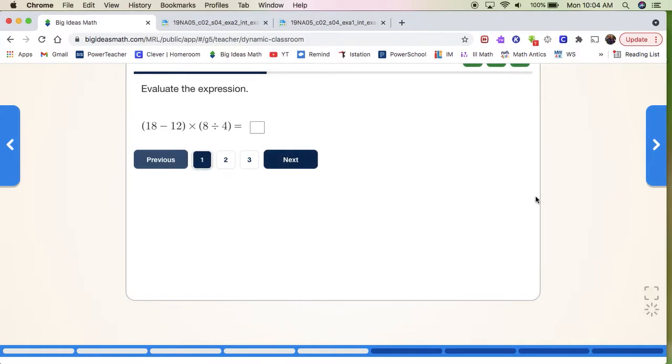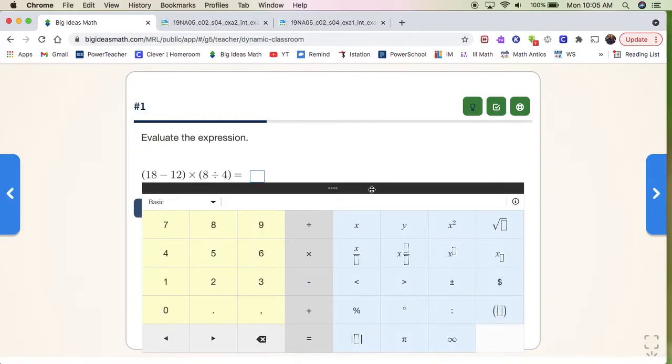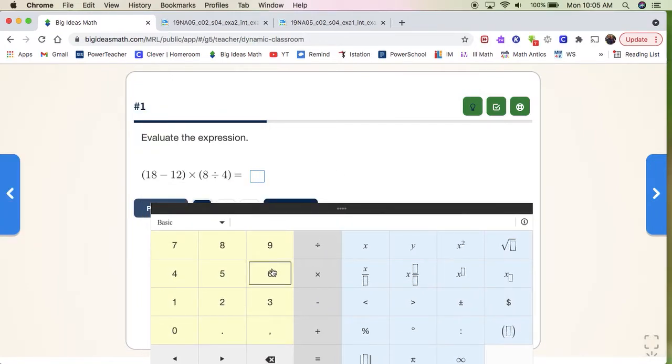So this is at the bottom of page 72. We're going to do number 1 at the bottom. We have 18 minus 12 times 8 divided by 4. So we've got to deal with the 18 minus 12. And I really don't have a way to write this where I can show it to you easily, so I'm just going to do it like this. So we're going to do first 18 minus 12, which is 6.